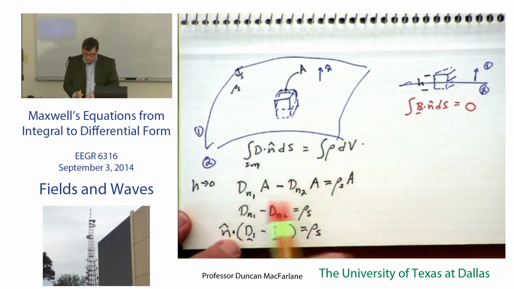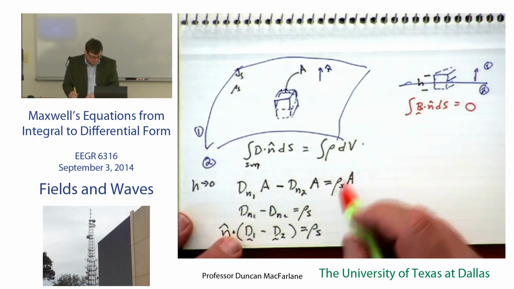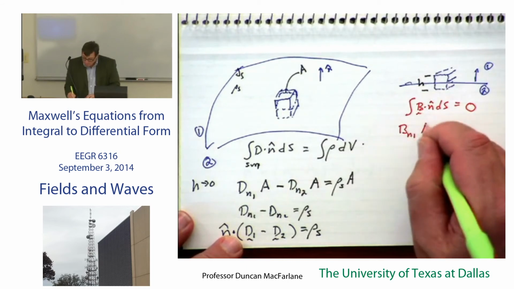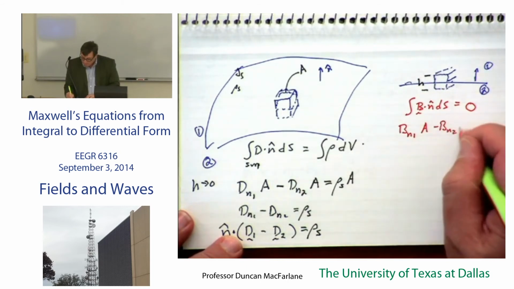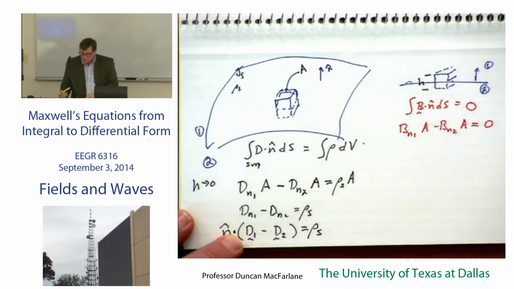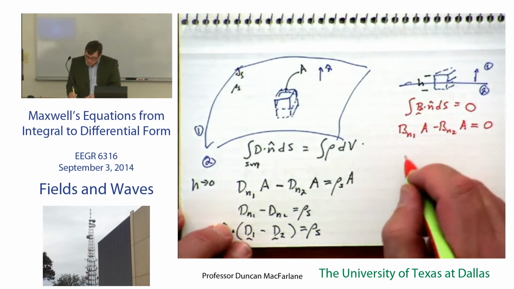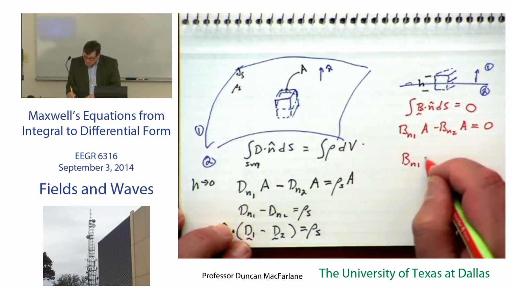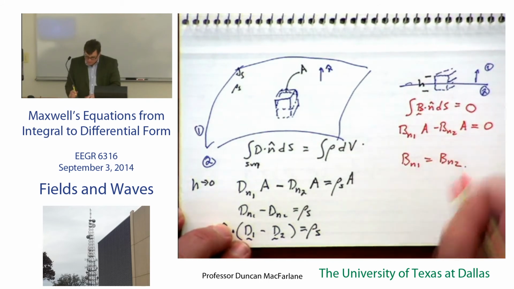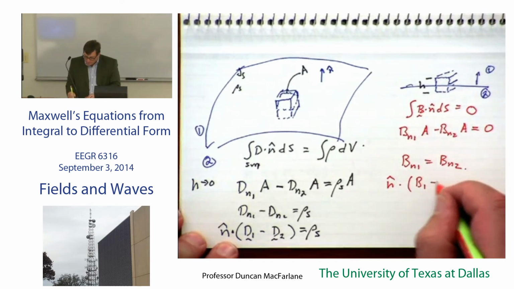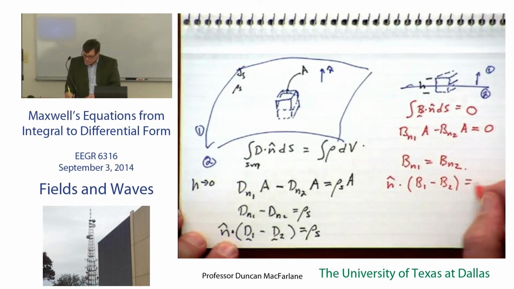So the same kind of situation. But the right-hand side, there's no source on the right-hand side, so that goes to 0. So Bn1 must equal Bn2, or n dotted with (B1 minus B2) must equal 0.